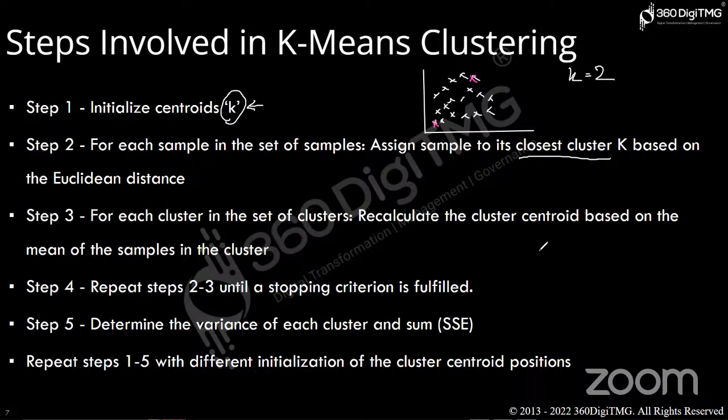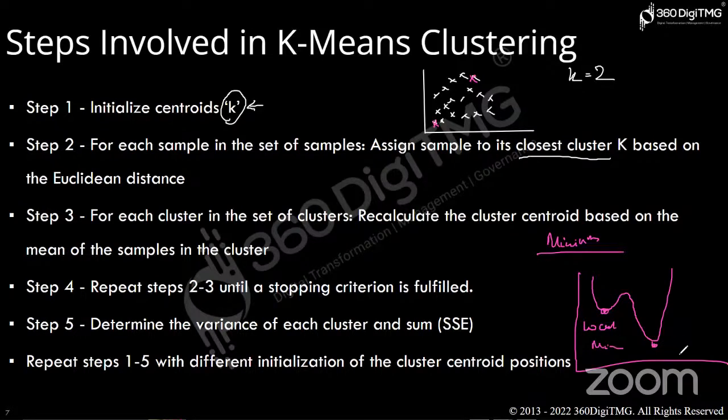This is done because this is a minimization technique, and minimization techniques have a fault. They often find a local minima point. Suppose this is our curve, this is a minimum, this is also a minimum. This is a local minimum. This is a global minimum.